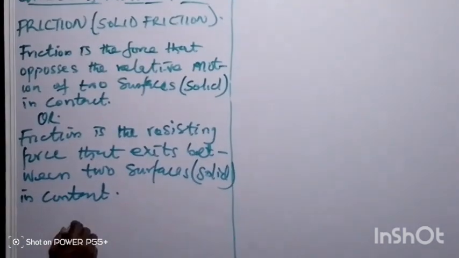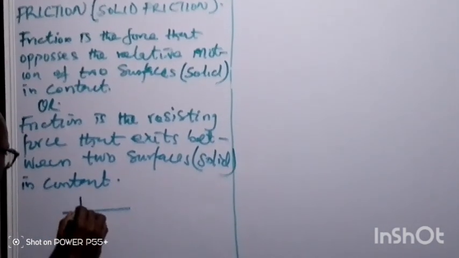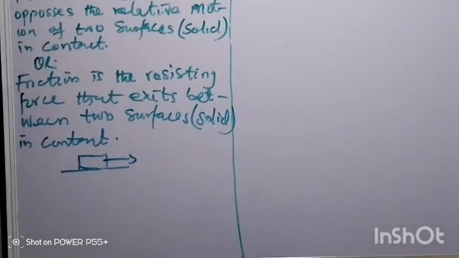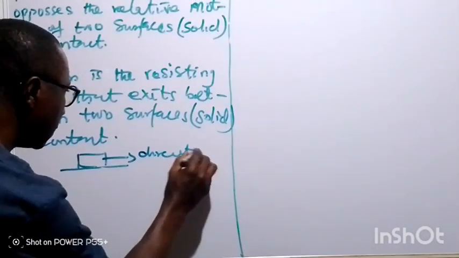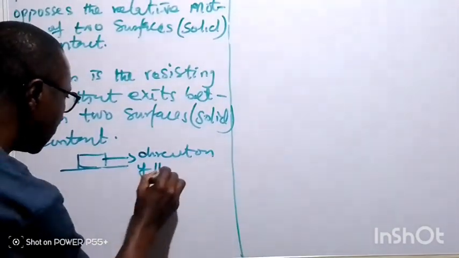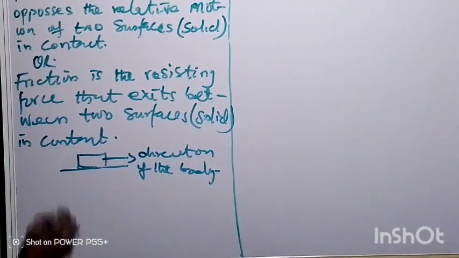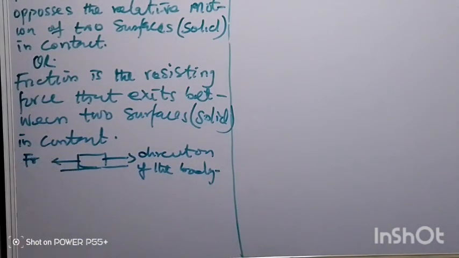In drawing, let's say this is a body moving in this direction. This is the direction of the body. The frictional force will act in the opposite direction.